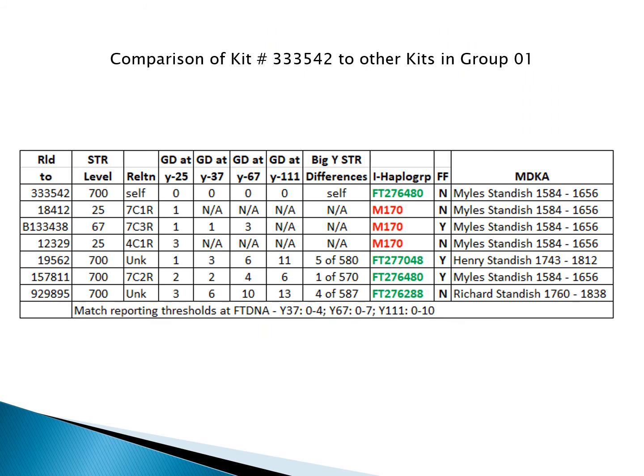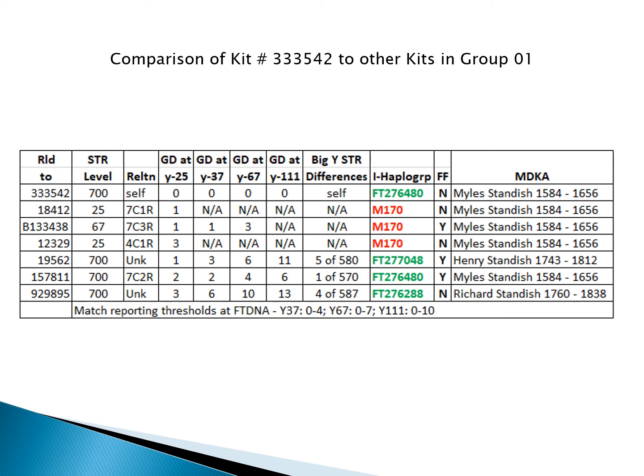I created a summary of information in this slide about all the males in the Standish group, no matter the testing level, to show their relationships using different genetic and genealogical variables. It is interesting that the Standish male who is genealogically the closest in relationship has the most mismatches at 25 markers. STR mutations can and do happen in any generation, so they are not as reliable as SNPs for determining the closest of relationships.